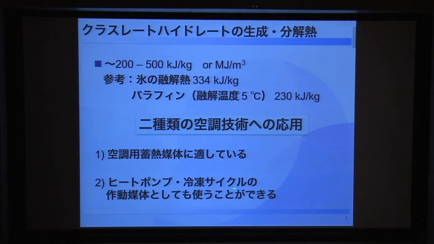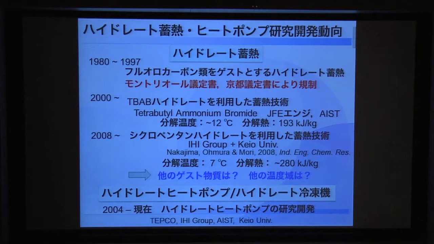The other way is to form a cycle of forming and dissociating hydrate: a heat pump, moving or discarding heat from a high-heat to a low-heat space. This would be possible.